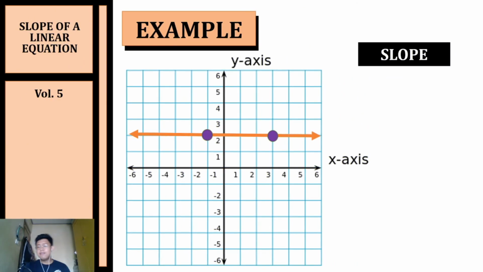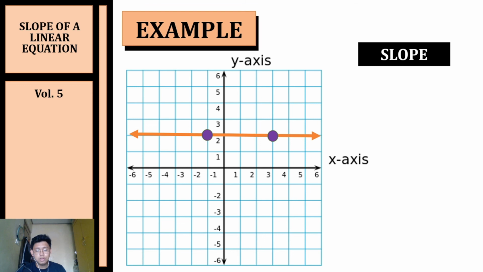Let's have our last example for today. We're going to get the slope of this line. We must identify our lowest point. In this case, we don't have a lowest point, so we can start either here or here. Let's start here. Let's count the number of units we move up and the number of units we run. Since our next point does not move up or down, we don't have any rise.